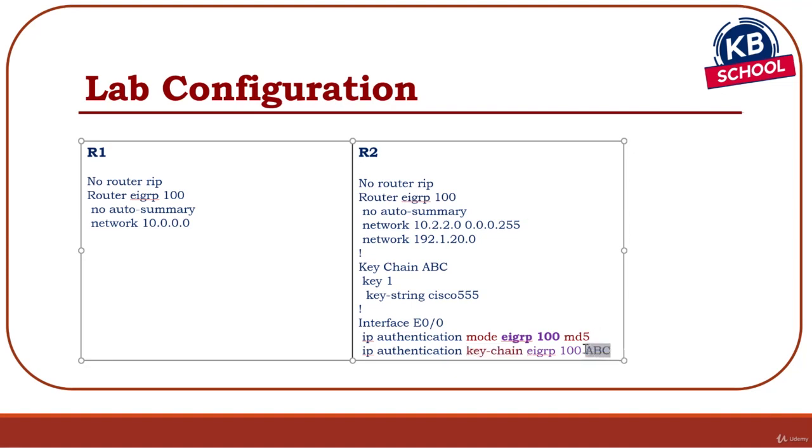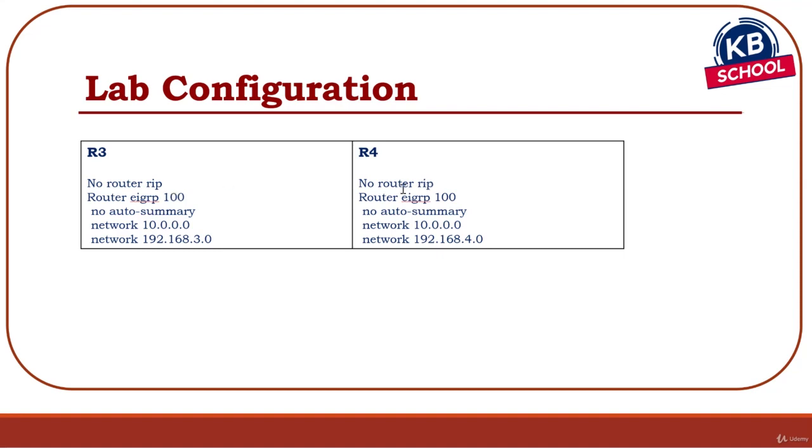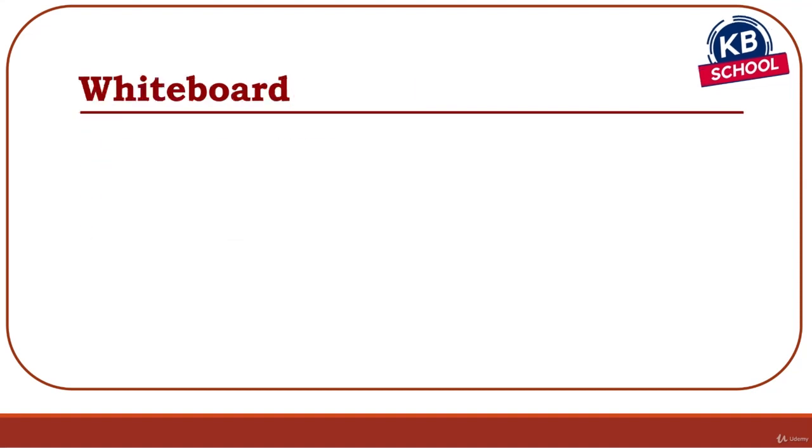And the keychain is the one that has the key and the key string over here. Let me highlight this so you know where it's linked. All right, router 3, router 4 just got rid of RIP and ran EIGRP instead. Pinged it, and that's it.